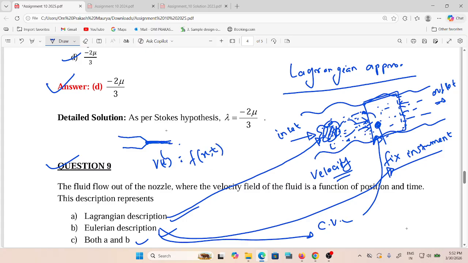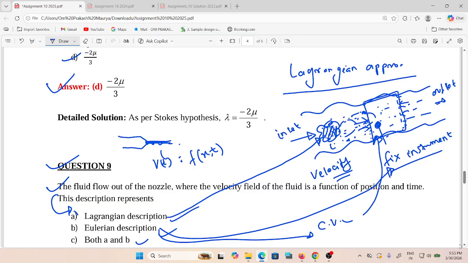Means as your fluid particle moves from one location to another, your velocity follows position and time. For a fixed instrument, the position and time are not changing, but the fluid parcel is changing its time and position. So this question falls in the Lagrangian description. So hope you understand the things.